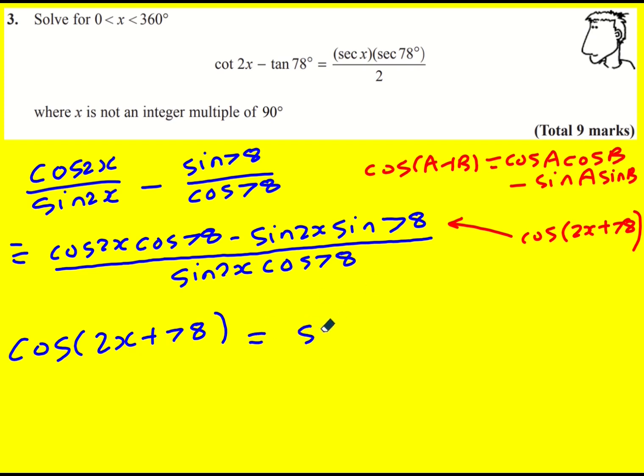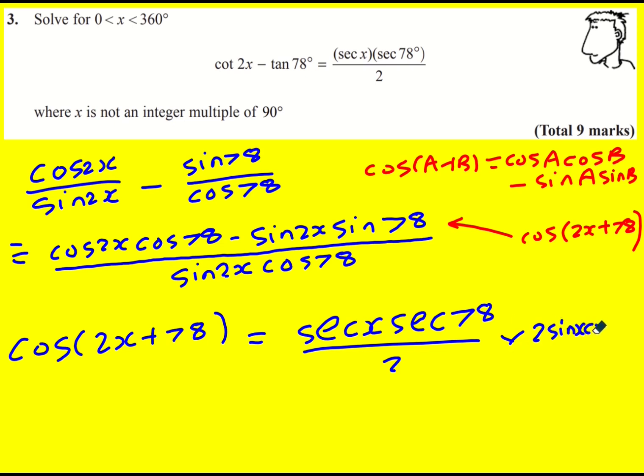equal to sec x sec 78 over 2 multiplied by sine 2x, which I'm actually now going to write as 2 sine x cos x, because it just seems like a good idea to get everything on the right in terms of x.